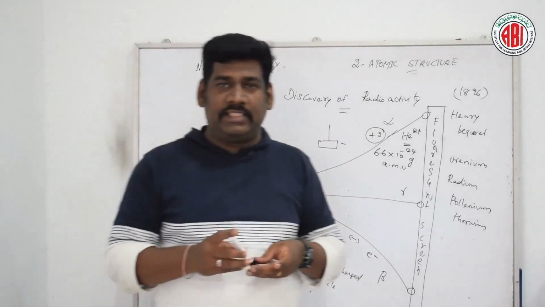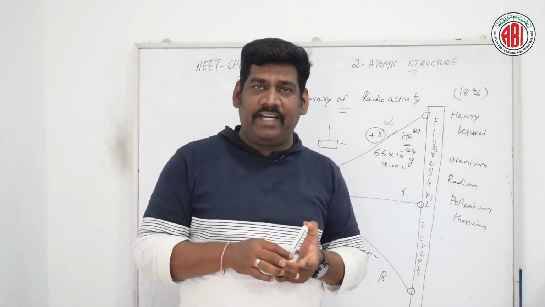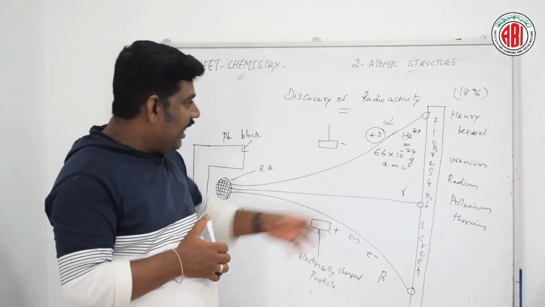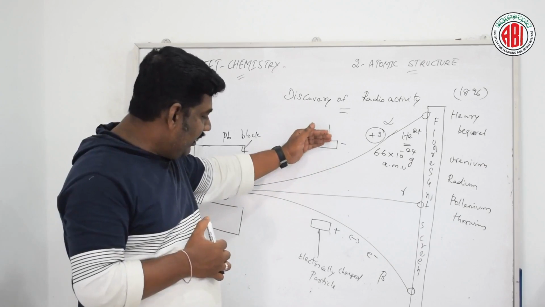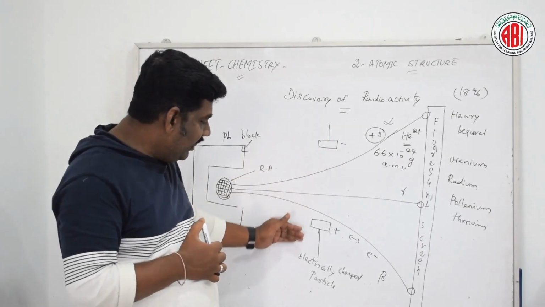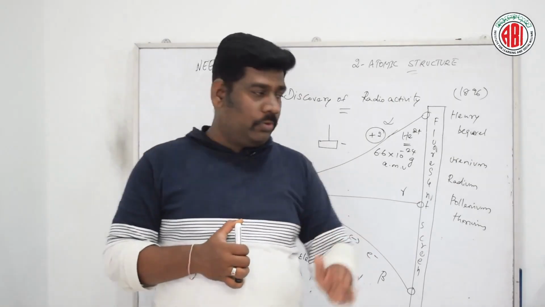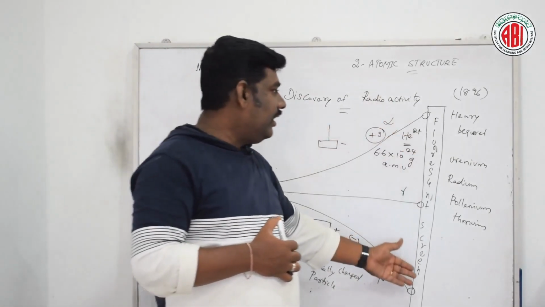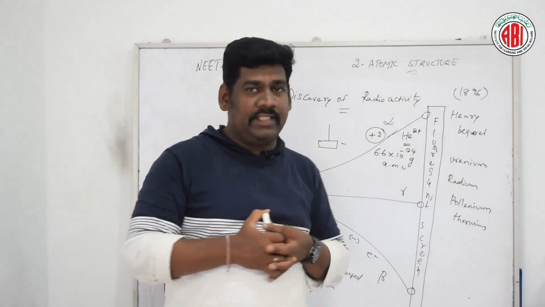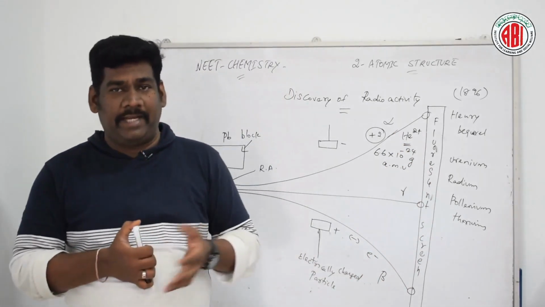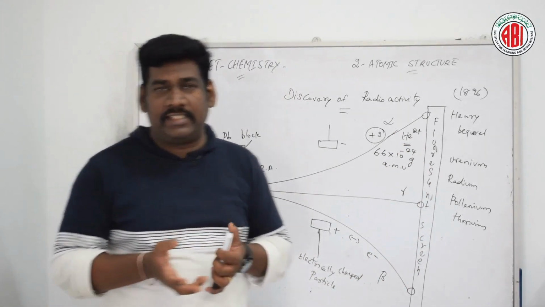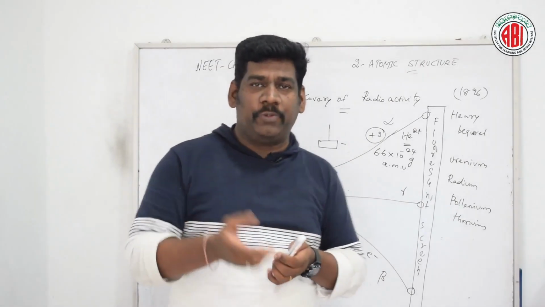Similarly, gamma rays are not deflected in any direction, whether by positively or negatively charged electric plates. They penetrate through and are recorded on the fluorescent screen or photographic plate, and these rays are considered to be neutral.